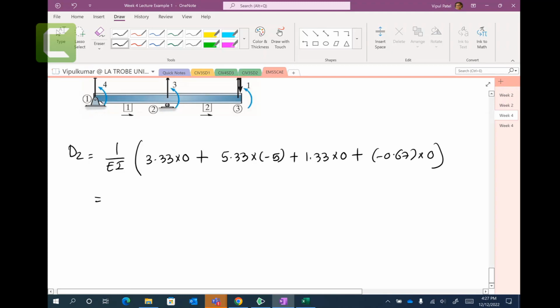So 5.33 times minus 5, you get minus 26.65 over EI.